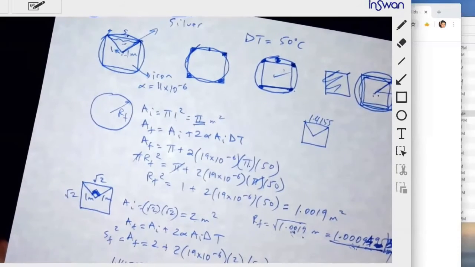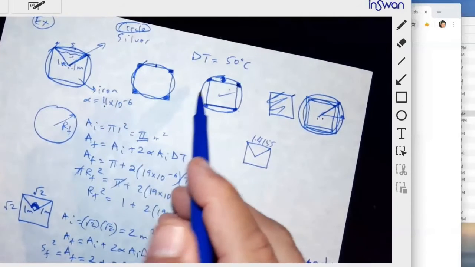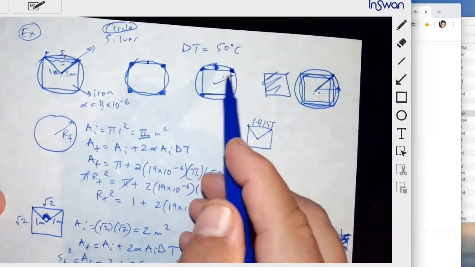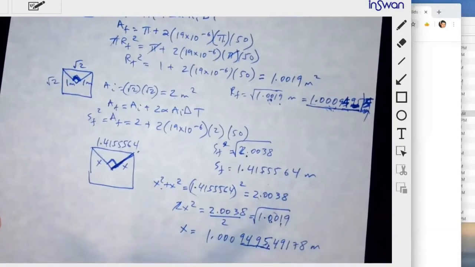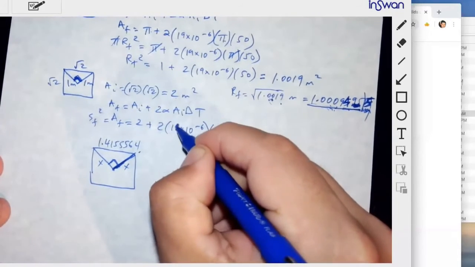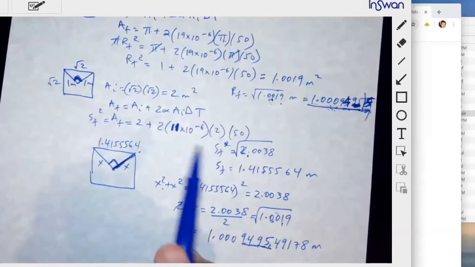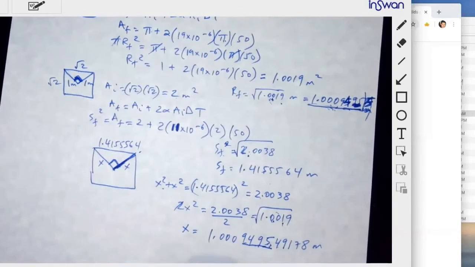Okay, now when you expand them, what should happen? Iron will expand less, so of course this scenario will happen, right? So how will we know? Well, we'll just go to our equation and change this to 11 times 10 to the minus 6, and then do the whole calculation again.